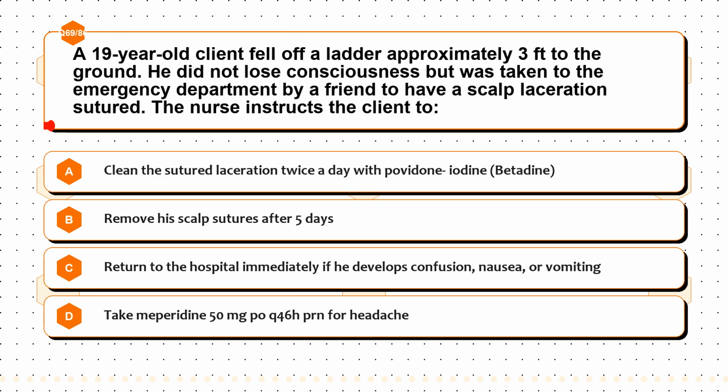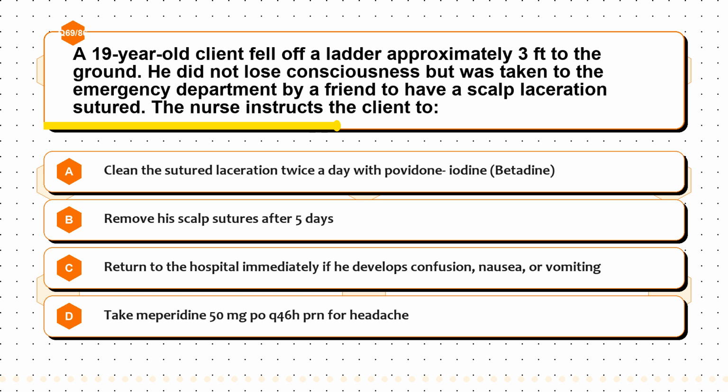Question 69. A 9-year-old client fell off a ladder approximately 3 ft to the ground. He did not lose consciousness, but was taken to the emergency department by a friend to have a scalp laceration sutured. The nurse instructs the client to, here are the options.